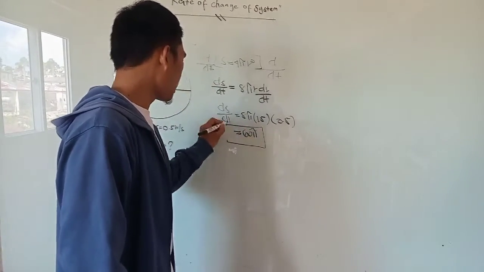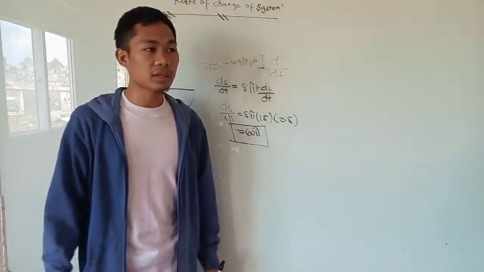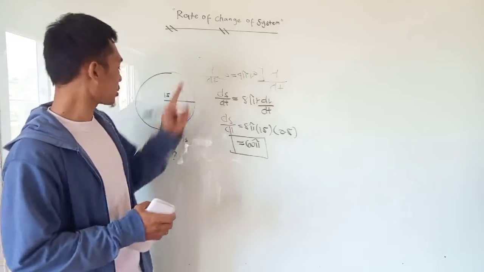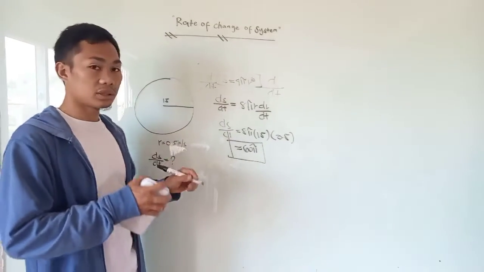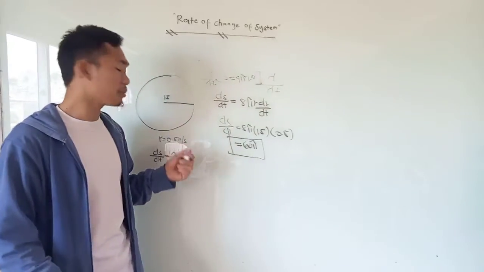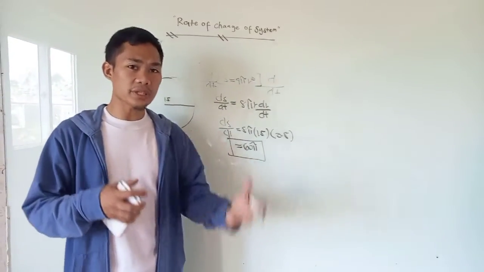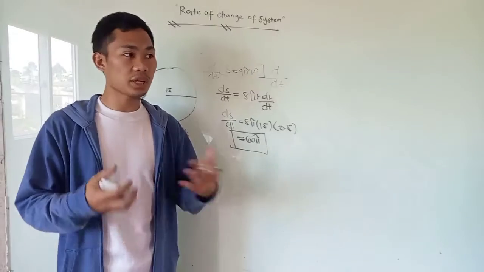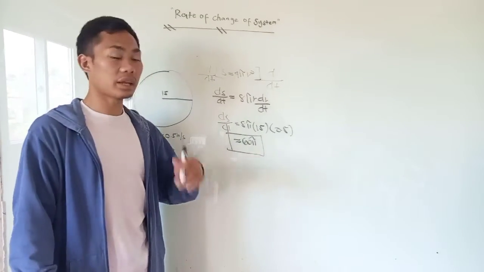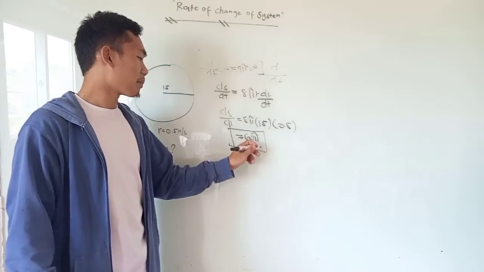That means that as you inflate the balloon at the constant rate of 0.5, its radius is increasing at the rate of 0.5. Its surface area is also changing with respect to time at the rate of 60 pi.